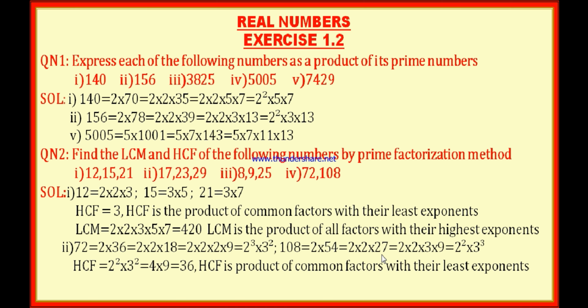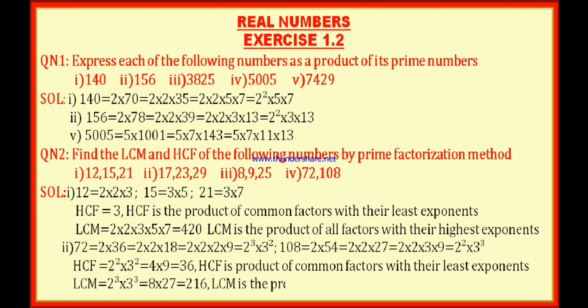Out of 2 cube and 2 square, the least exponent is 2. Therefore we write 2 square. Out of 3 square and 3 cube, the least exponent is 2. Therefore you write 3 square. Now 2 square is 4 and 3 square is 9. 4 into 9 is 36. Therefore HCF of 72 and 108 is 36, where HCF is the product of common factors with their least exponents.